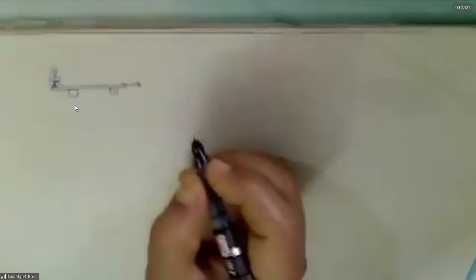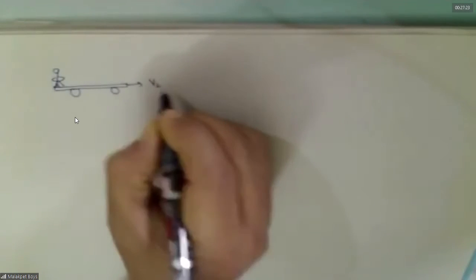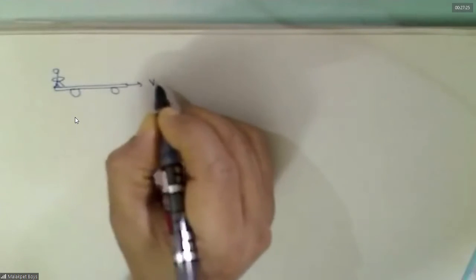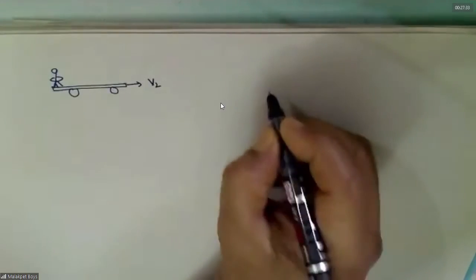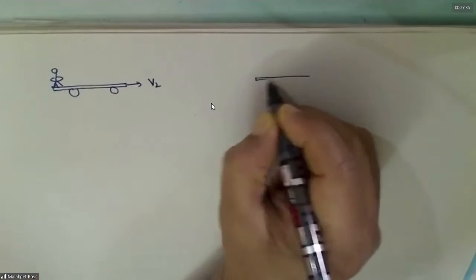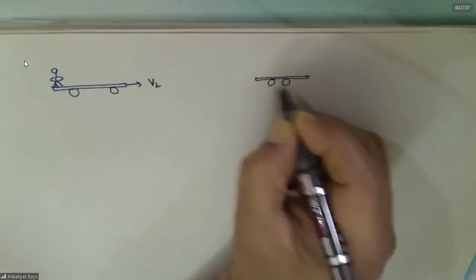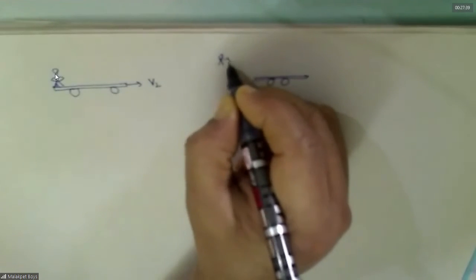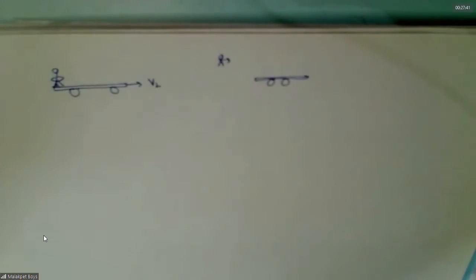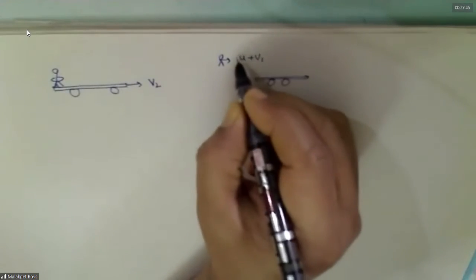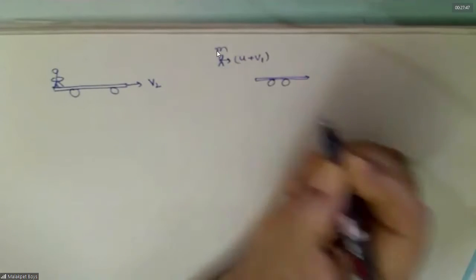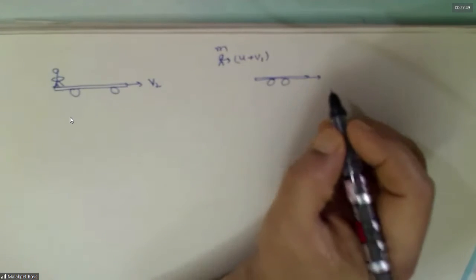See, now let this be the velocity finally after he jumps. Before the man jumps, what is his velocity? Remember, when the man is in A, it is U plus V1 i cap. In that case, this man has U plus V1, and this is having a velocity of V naught.